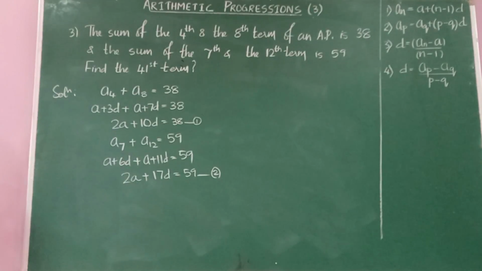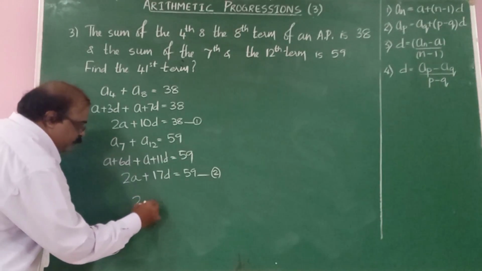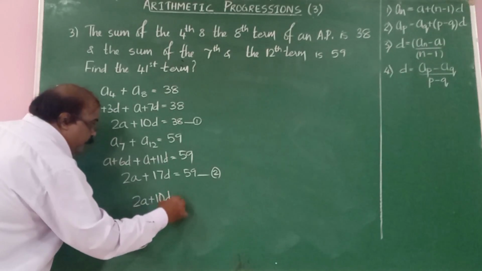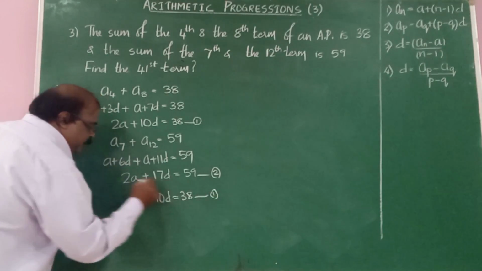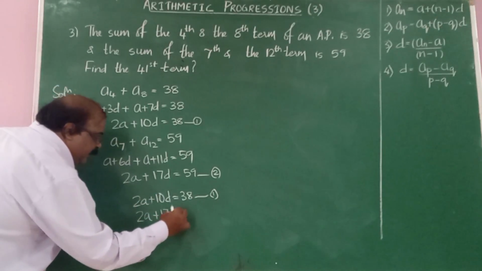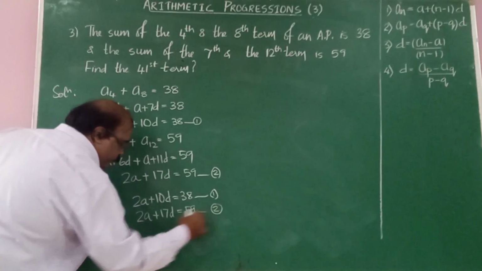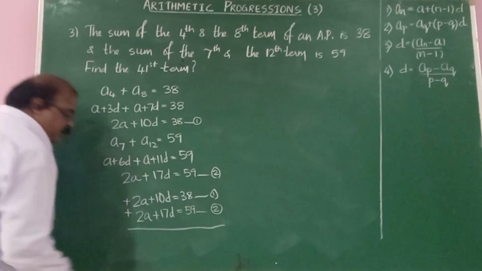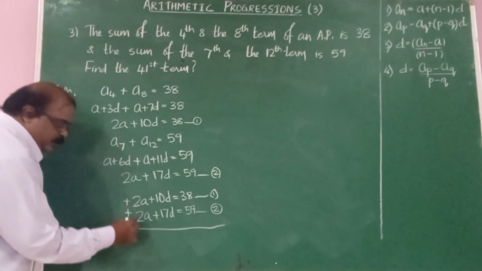Now let me solve equation number 1 and 2 like how I have done in my previous sum. First equation, 2A plus 10D is equal to 38. Second equation, 2A plus 17D is equal to 59. What shall I do? Once again, let me subtract equation 2 from equation 1.